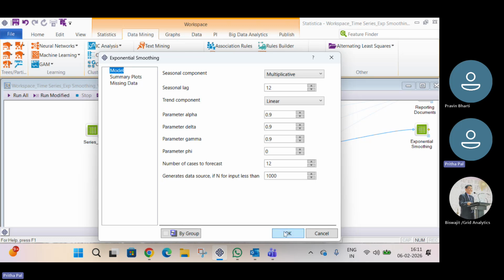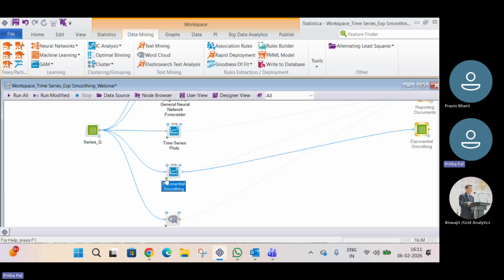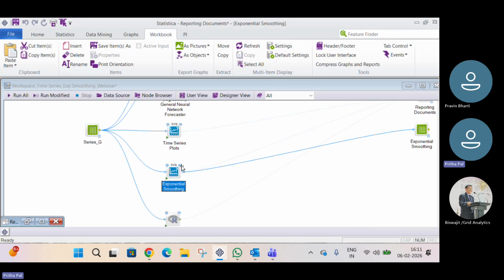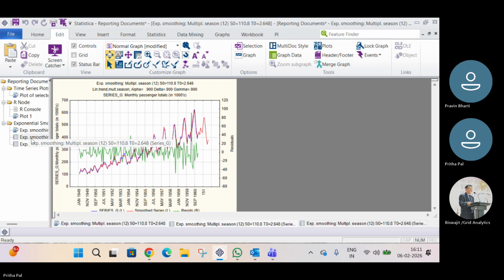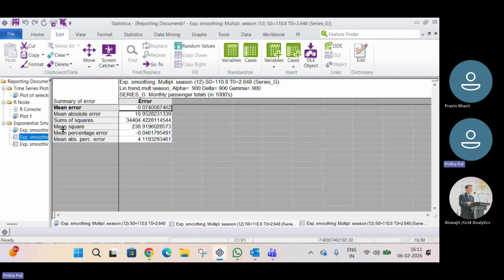Next, if I click OK, and now if I run the node again, now if we look at the mean square error or the summary of error, you can see the error has been reduced to 238.91, which is much less than the simple exponential smoothing and the double exponential smoothing.